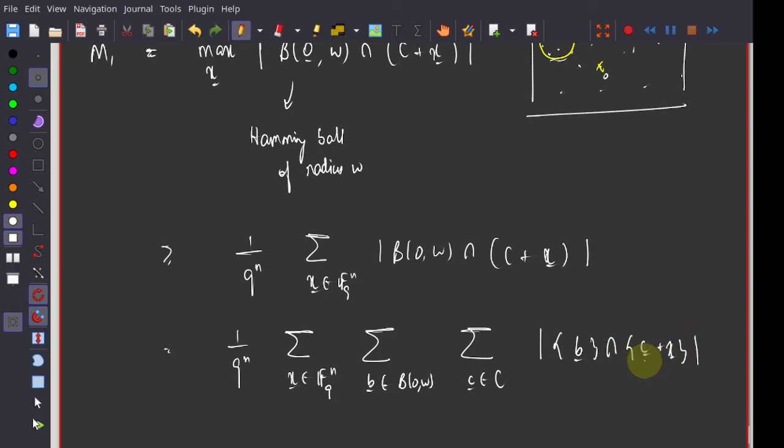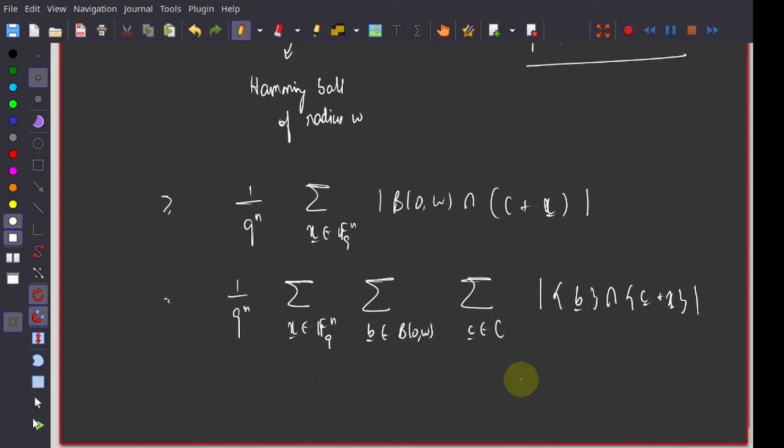So I'm counting a 1 if c plus x is equal to an element from the shifted version of the code. This is an element from the ball. And basically now the trick is to just interchange the sum. So for a given b and c, there exists exactly one x for which b is equal to c plus x.